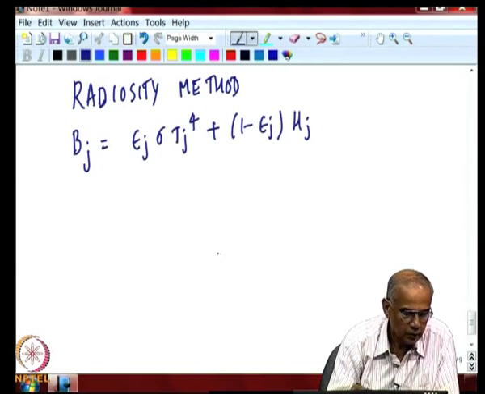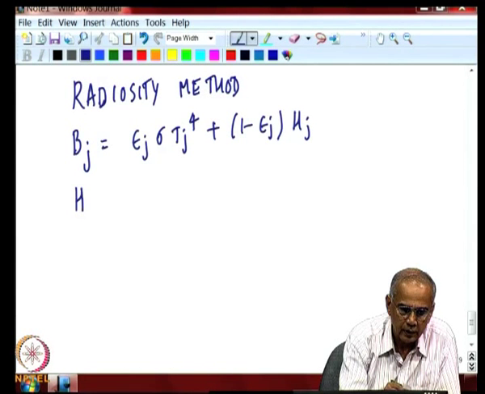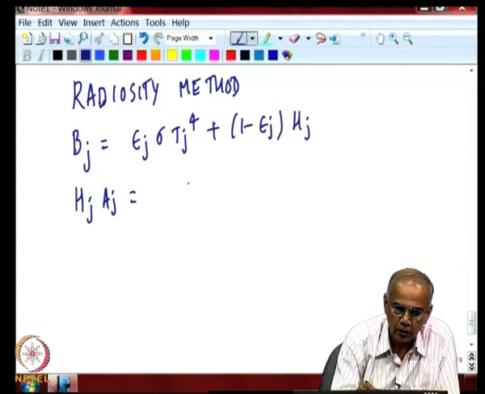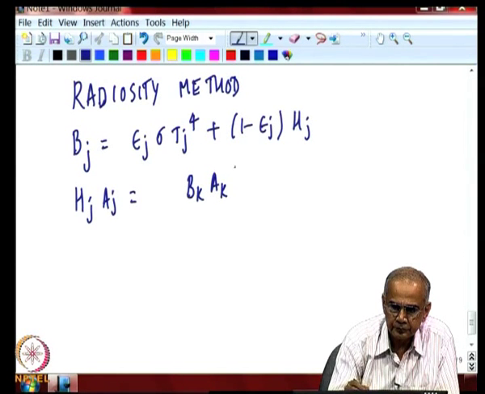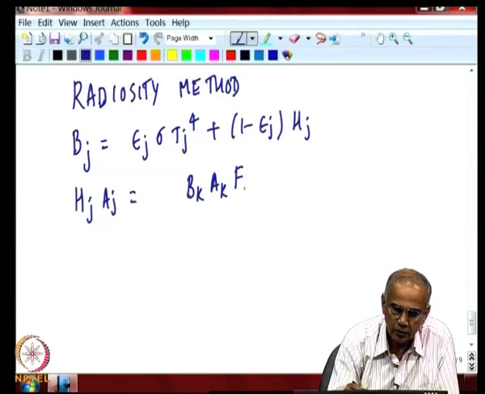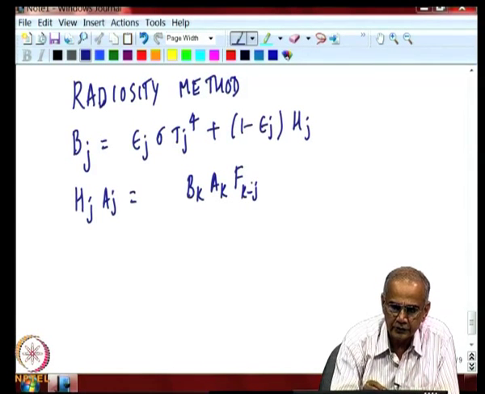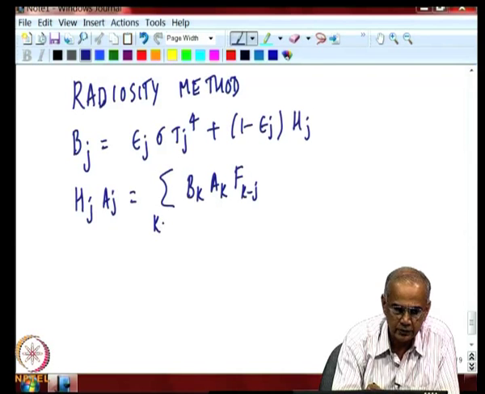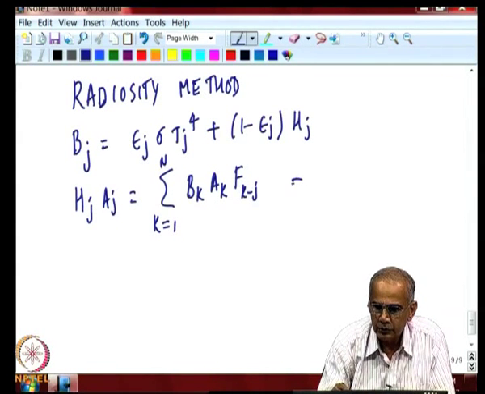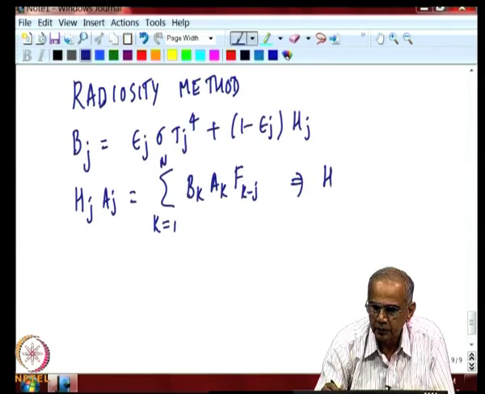We also know that Hj, what is arriving at surface j, is what left surface k and how it arrives at surface j, summed over all surfaces k equals 1 to n. But by using reciprocity, this can be made to look simple.